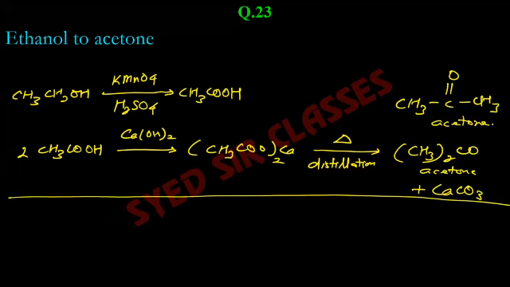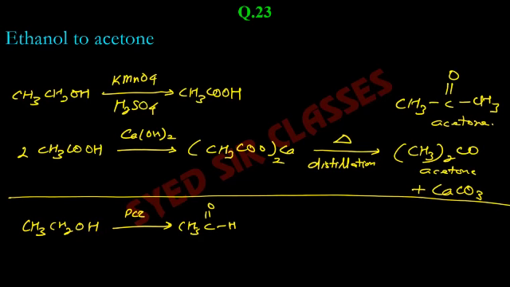Second method will be CH3CH2OH, and you write it in the way that you convert it to aldehyde, and I write this as CH3CHO. Then use CH3MgBr. Then it will be CH3CH(OMgBr)CH3.